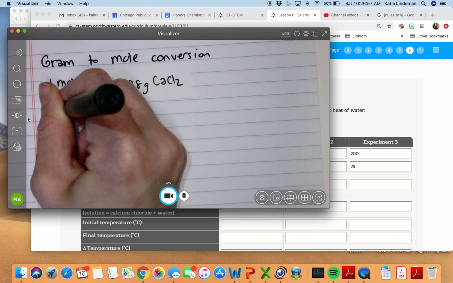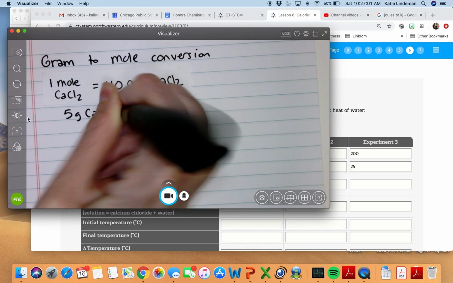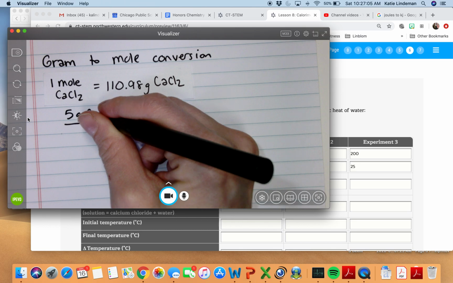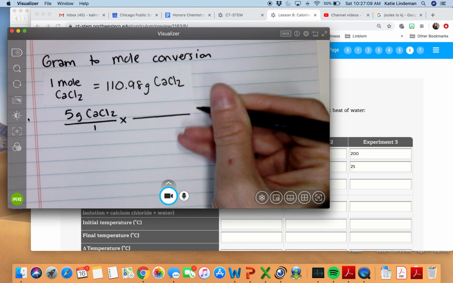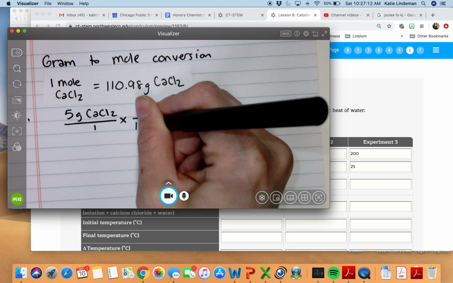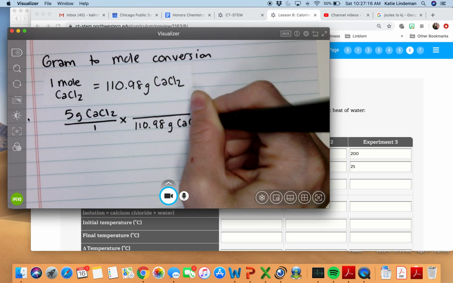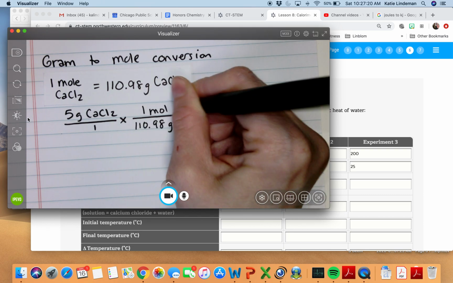So I have 5 grams, and that's just that random number that I picked, over 1. Grams of calcium chloride is at the top, so that means that grams of calcium chloride needs to be at the bottom. And that's equal to 1 mole of calcium chloride.